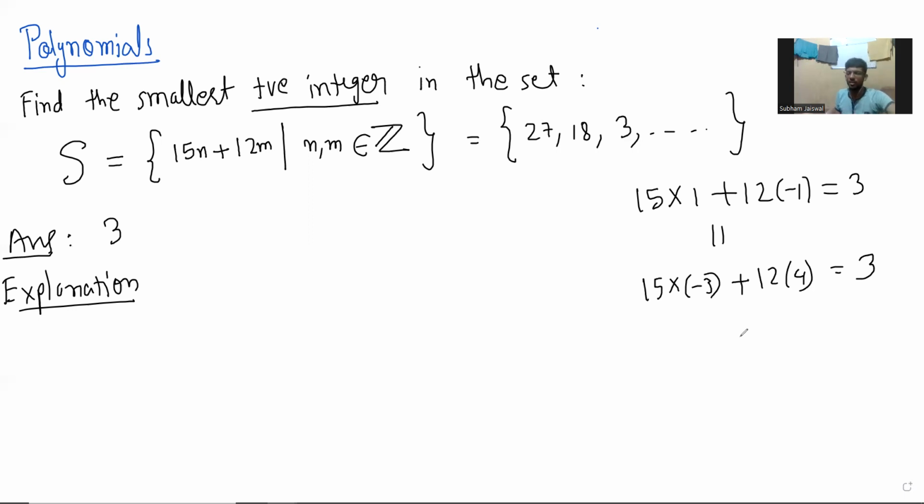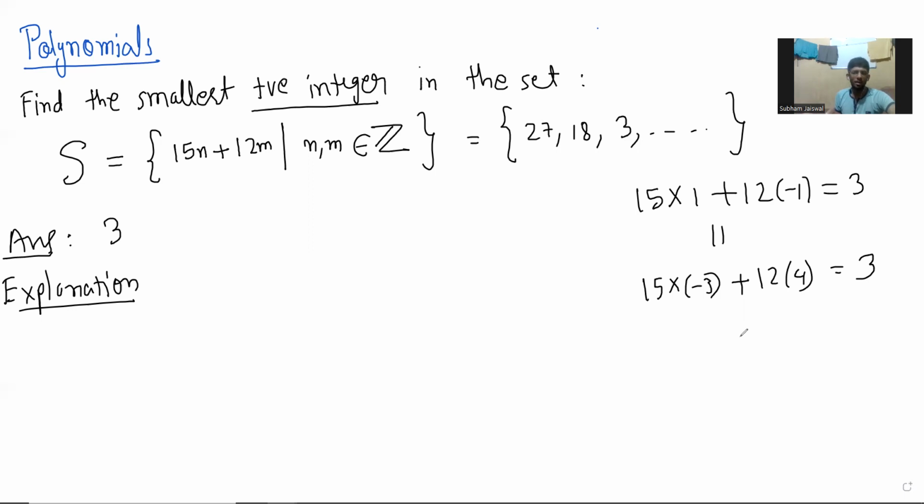Satya, you think you can get anything less than 3 and positive at the same time? You have 15 and 12. It seems it's not possible. So at least we know that 3 is the answer, but we just want to prove it.